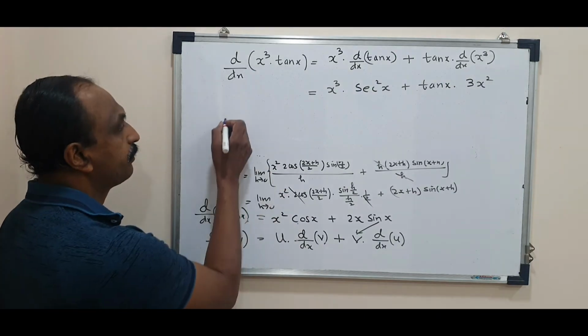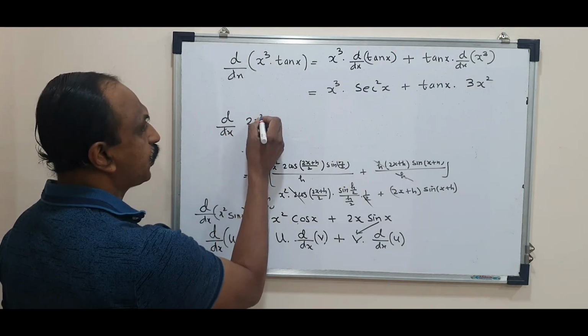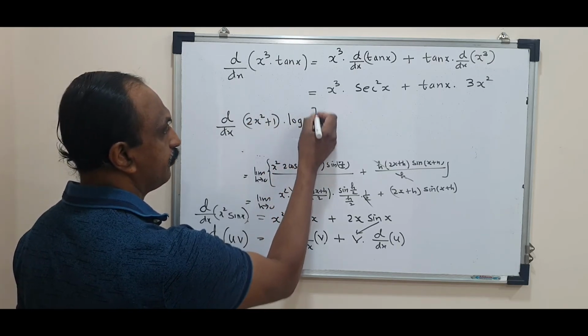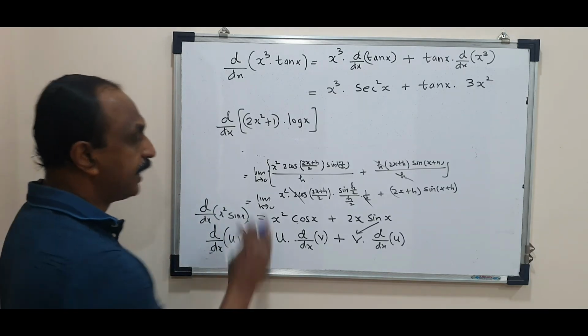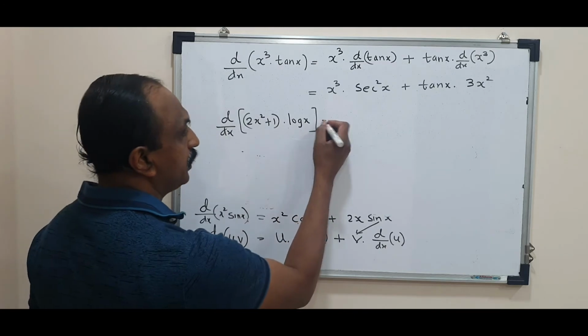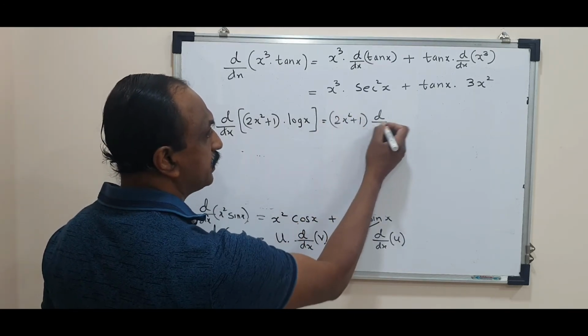Let's practice one more. I want to calculate the derivative of 2x square plus 1 into log x. So let's calculate the derivative of this. Naturally, it is the derivative of a product of two functions. So 2x square plus 1 will remain as it is.